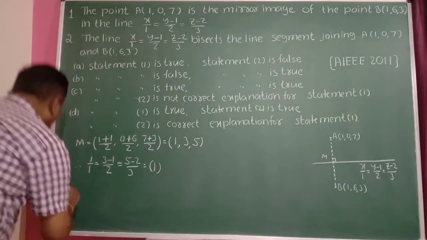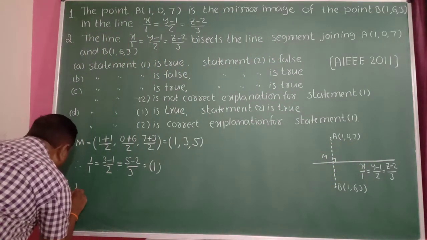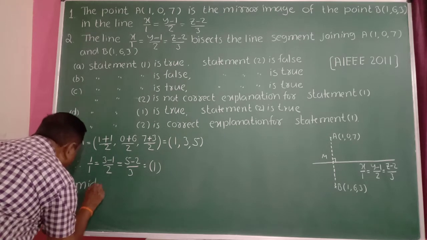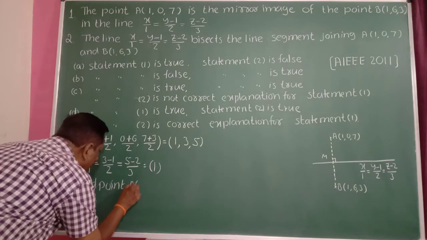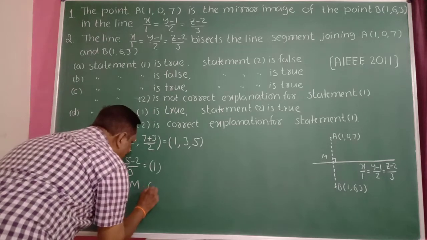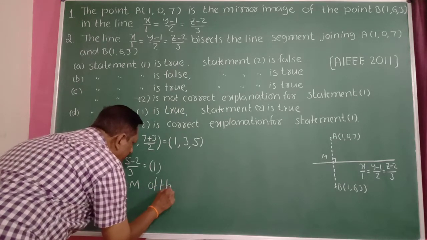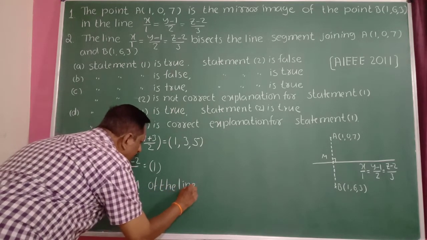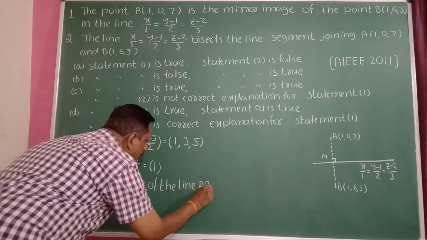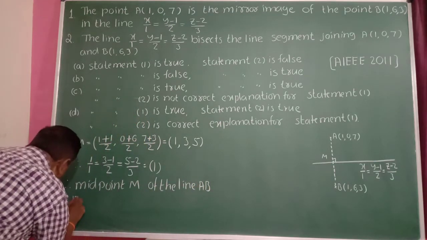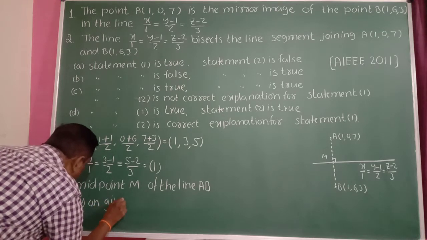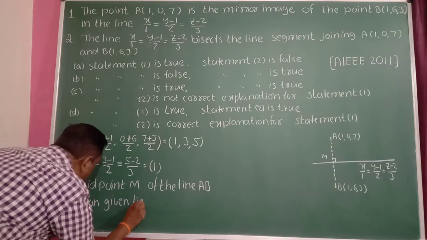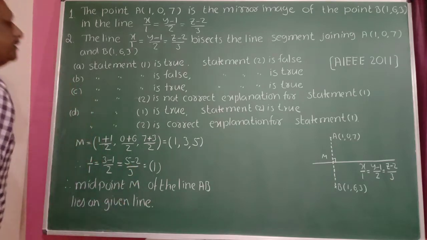Okay, therefore, the midpoint M of the line AB lies on the given line.